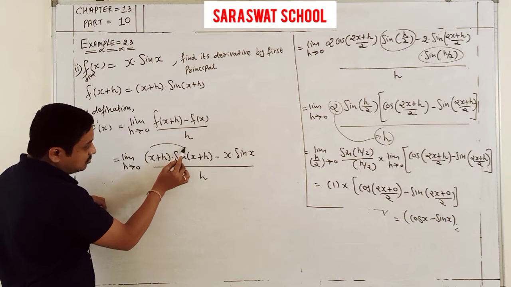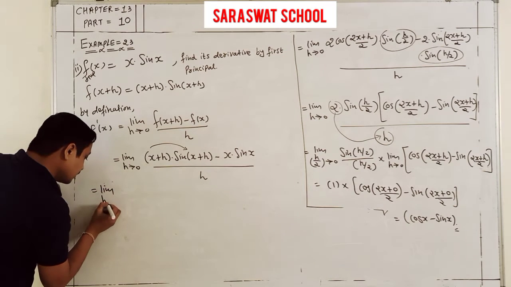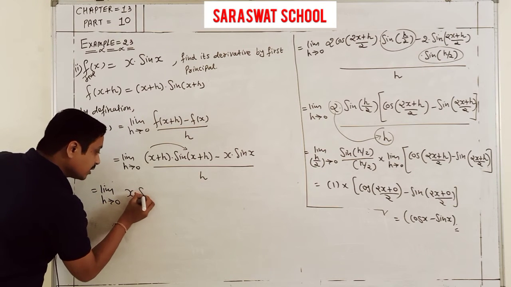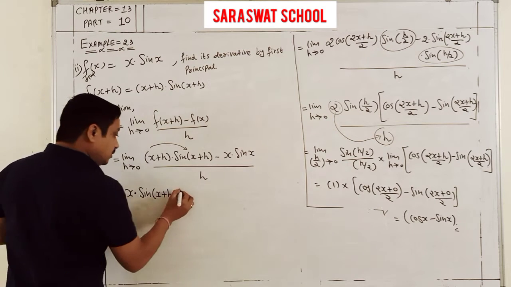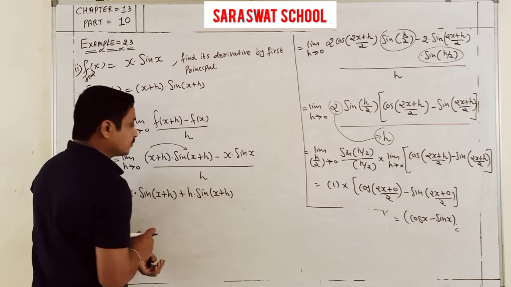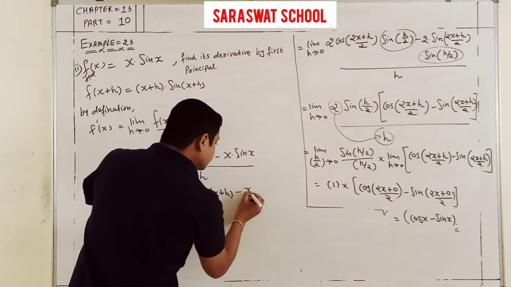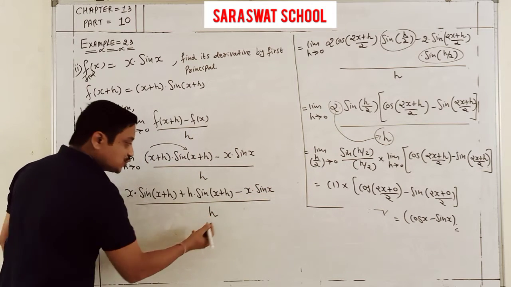Here I will show the multiplications. So limit h tends to 0, x with sine of x plus h plus h with sine of x plus h and minus x sine x, and upon h as it is.